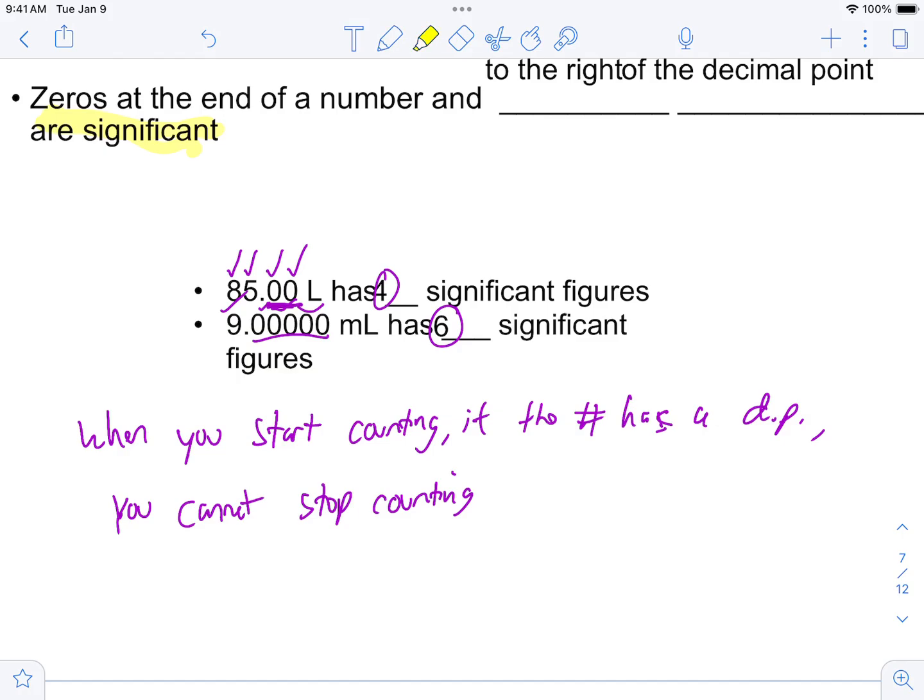That's very important. If it has a decimal point, once you start counting, you can't stop counting.